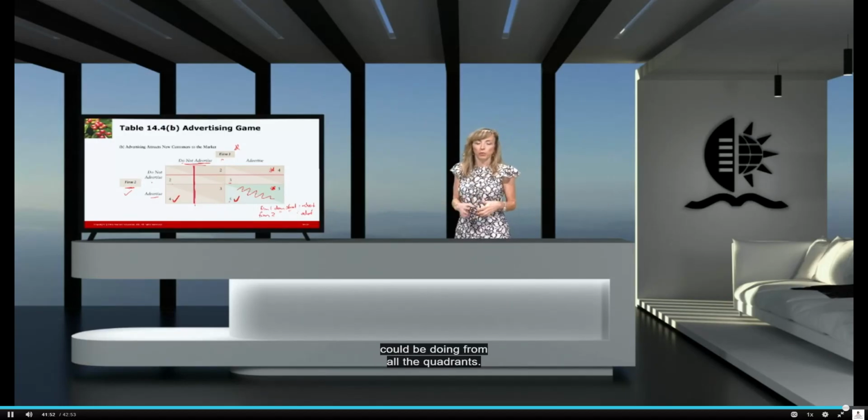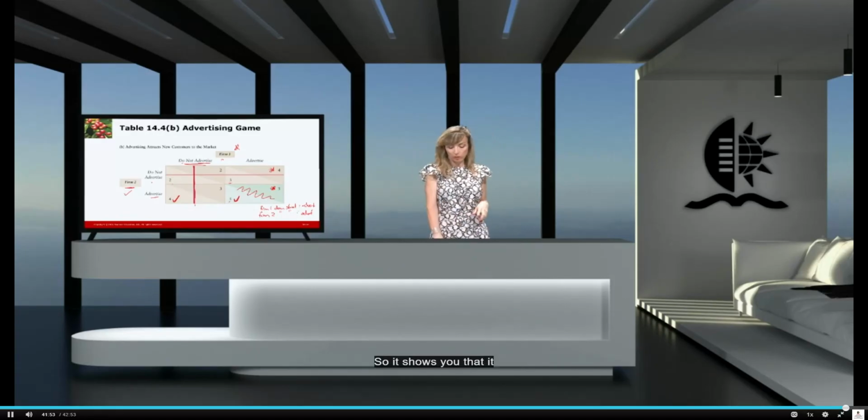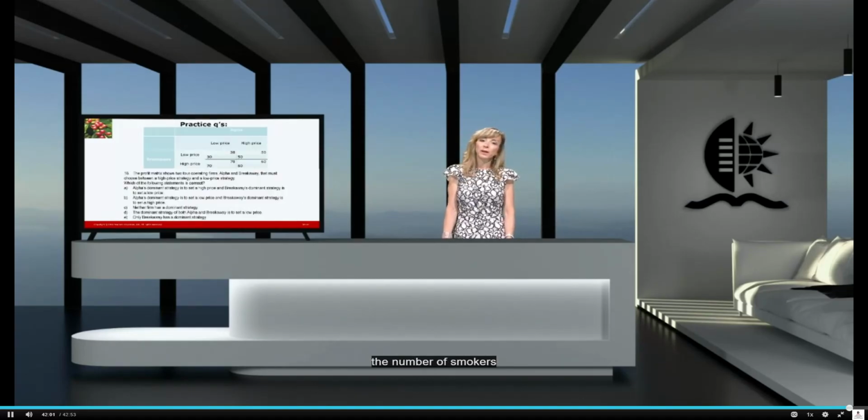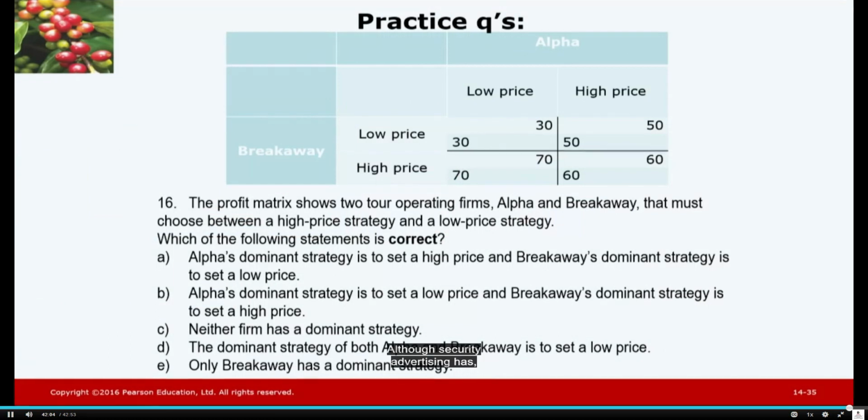So it brought more consumers to the market, and it would be representative of this type of outcome. So we can certainly see that you need to consider all these things in deciding whether advertising pays or it doesn't, as with your previous lecture.